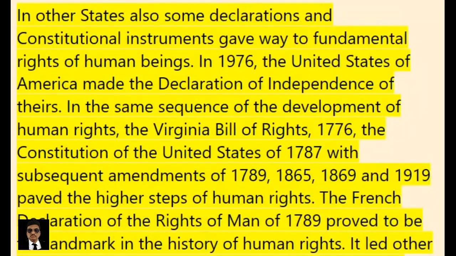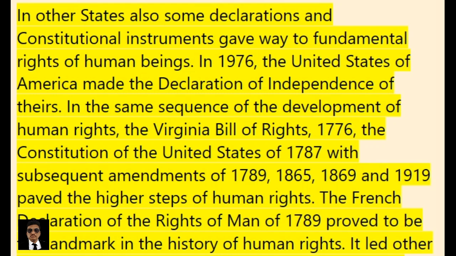In other states also some declarations and constitutional instruments gave way to fundamental rights of human beings. In 1776, the United States of America made its Declaration of Independence.